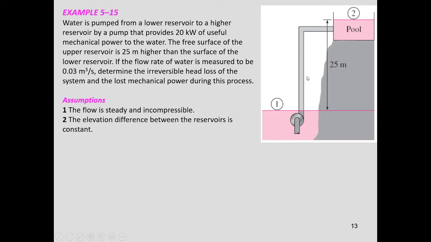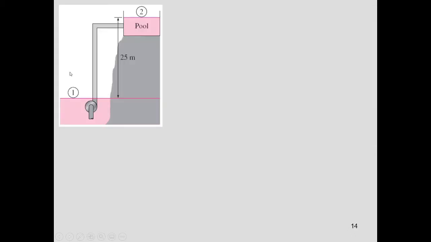So this is a good question. The distance is 25 meters, and they give the power of the pump, 20 kilowatts, and the flow rate is 0.03. Let's solve this equation.